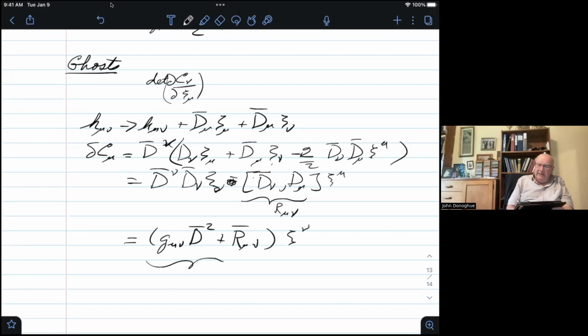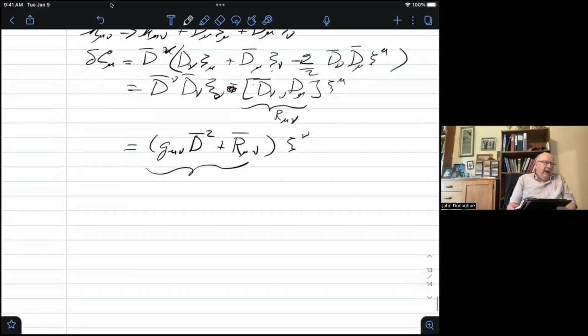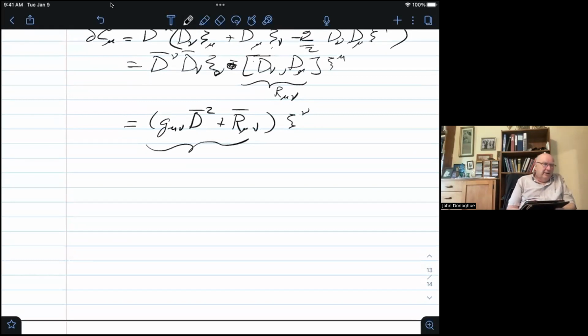And so this is the equivalent of what we had before in QED. This was just f squared. In QCD, it was the term box plus something. Here's what it is for the gravity case. And then this gives us our answer. Because there's two indices here, we have to have vector indices on it.